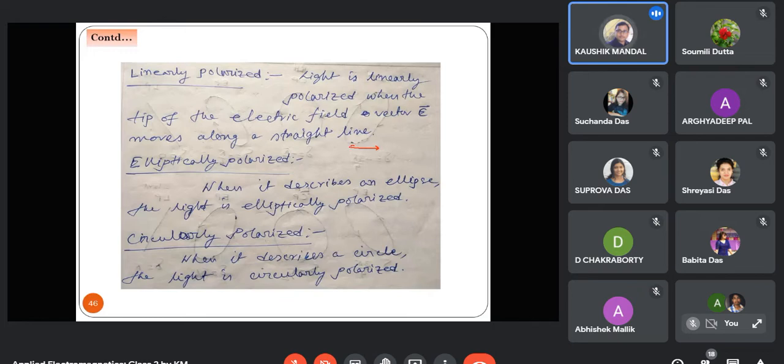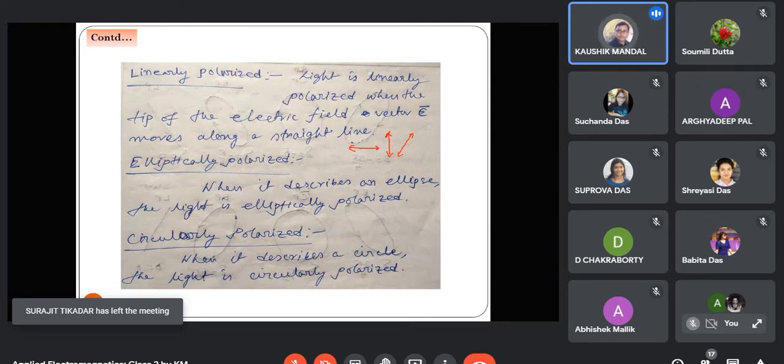That will be the case of horizontal polarization. It may be along vertical axis. That will be the case of vertical polarization, or it may be with some tilt angle. So these are the cases of linear polarization.